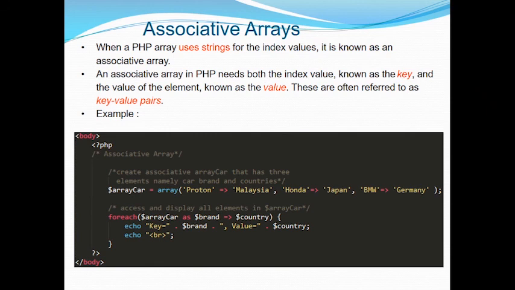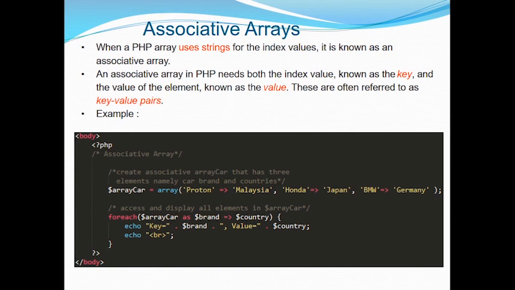However, the associative array is some kind of array where the index can be represented by using strings. The associative array needs to have the index value called a key, and then the element is called the value, and the key and the value are paired in the array structure.